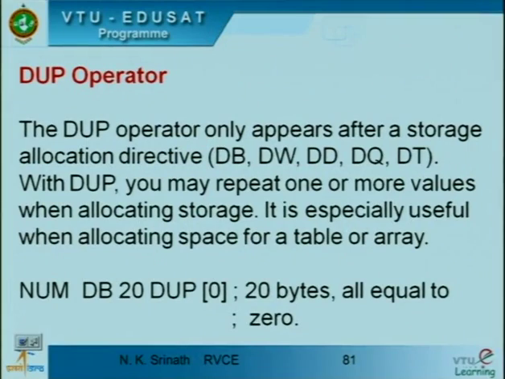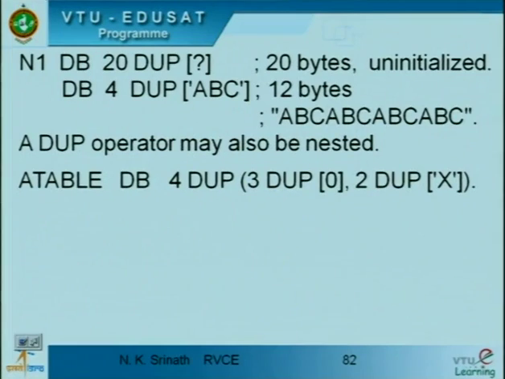So DUP is nothing but duplicate. For example, NUB DB 20 DUP 0 says reserve 20 bytes all equal to 0, initializing these locations to 0. If you do not want these locations to be made equal to 0, you want to leave them as they are, you can put a question mark, saying that 20 bytes of locations are reserved. So this could be done as such.